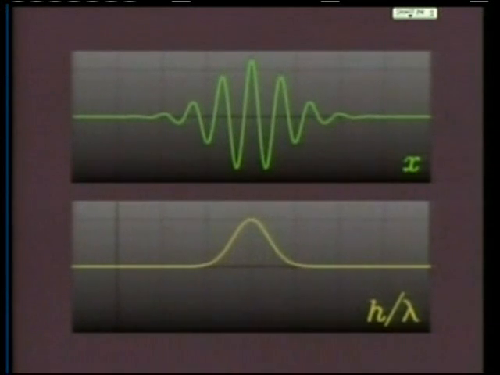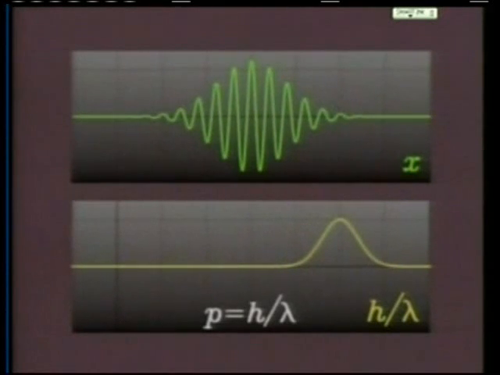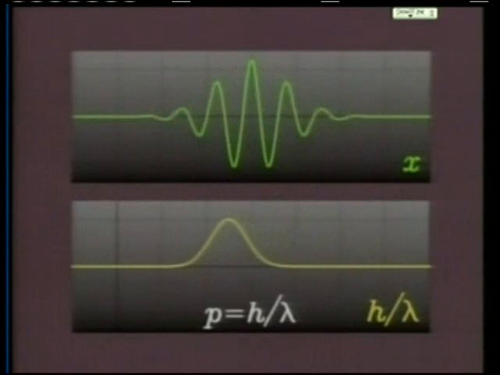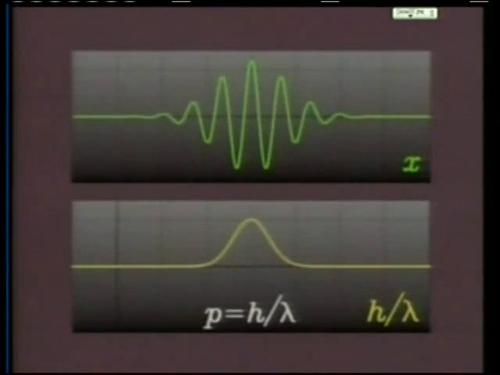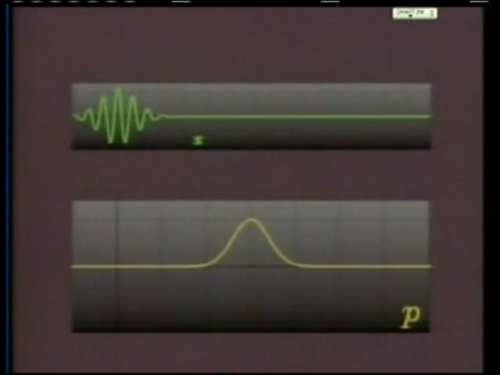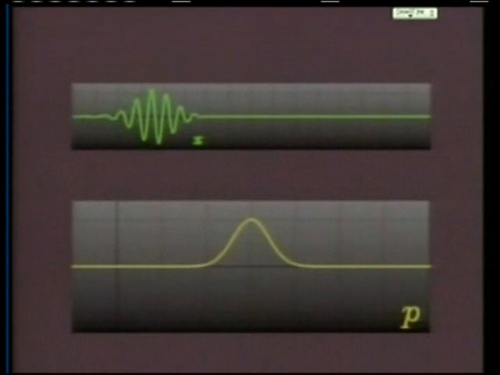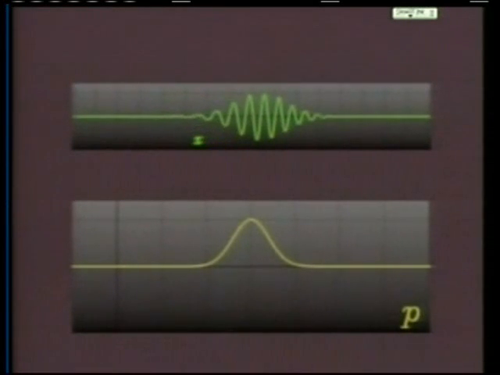So with a range of wavelengths, and therefore a range of momenta, a wave-like object can be constructed in a fairly definite place. But because it has a range of momenta, it spreads out as it moves along.